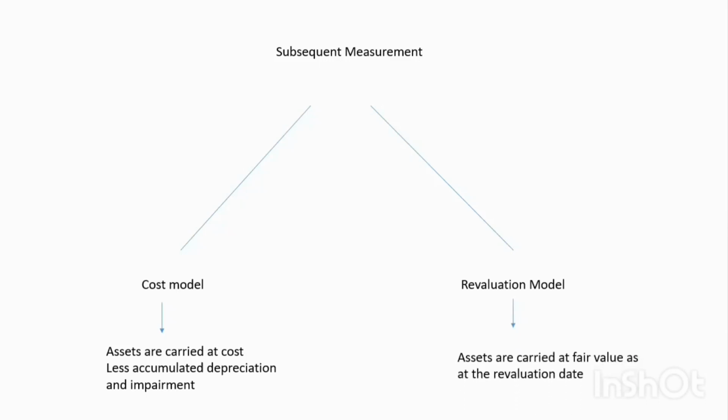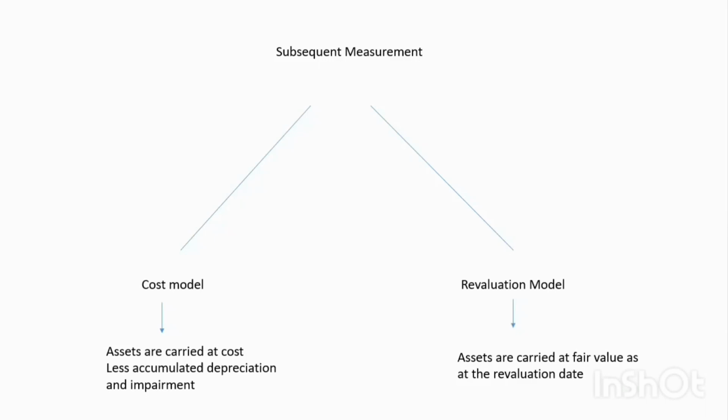So the revaluation model, the assets are carried at their fair value as at the date of the revaluation, or the date of preparing the financial statements, if the asset is revalued at the end of the year.